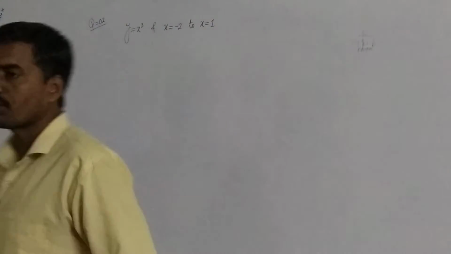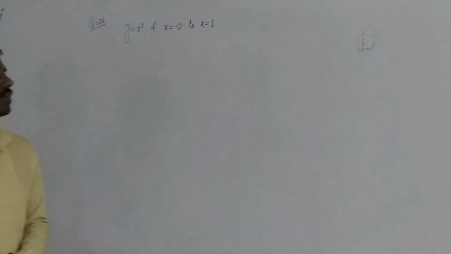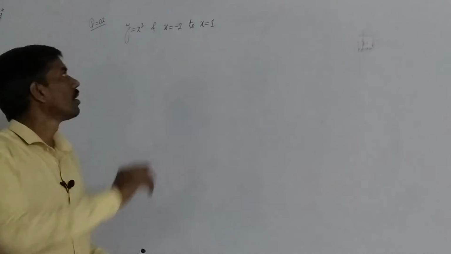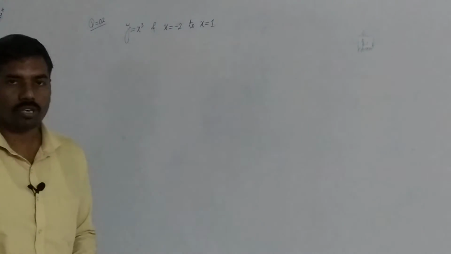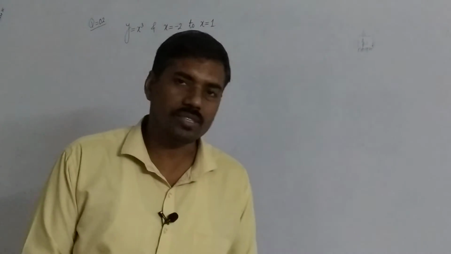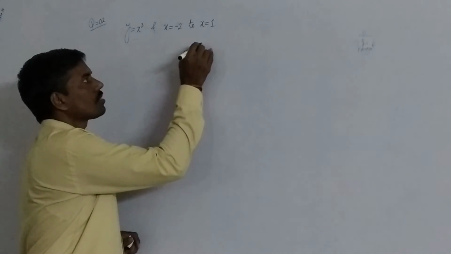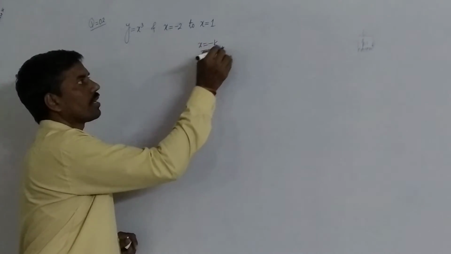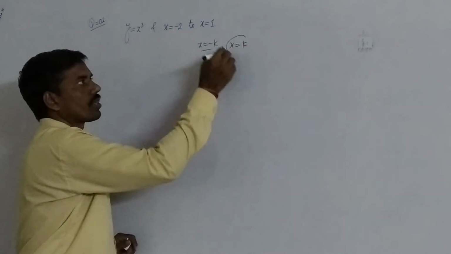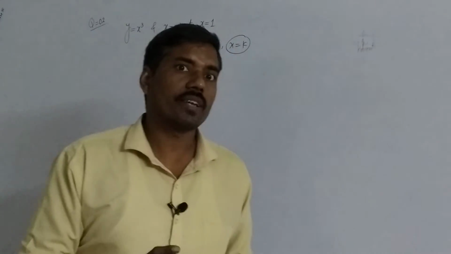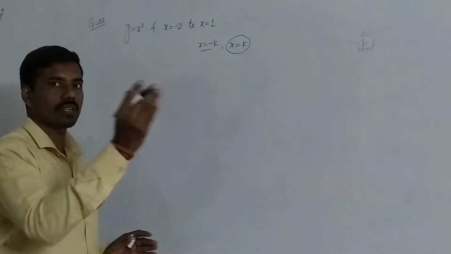So our next question is y is equal to x cube, and x is equal to minus 2 to x is equal to 1. We know that x is equal to minus 2 is the equation of a line which is parallel to the y axis, and since there is a negative sign, we know that x is equal to k is the equation of a line parallel to the y axis at a distance of k units to the right side of the y axis.